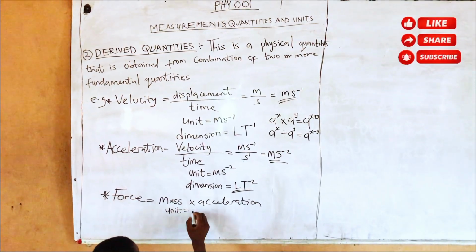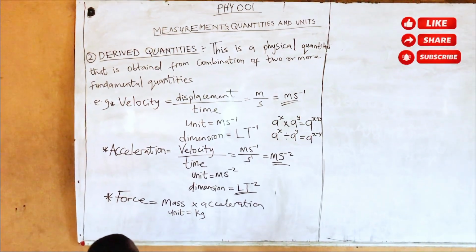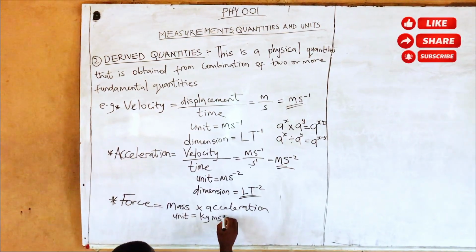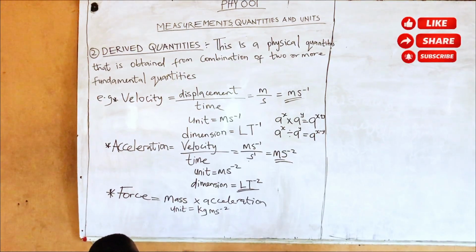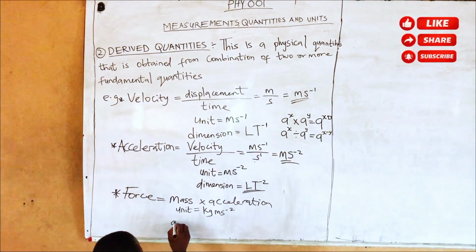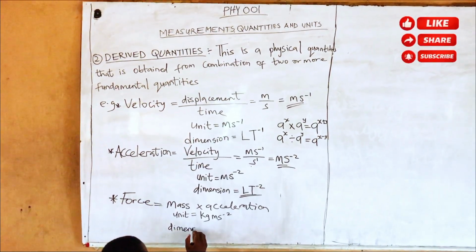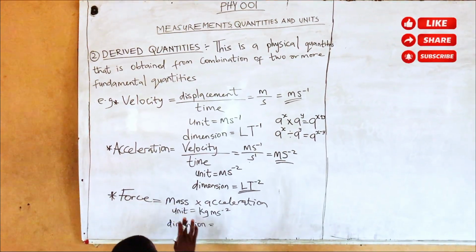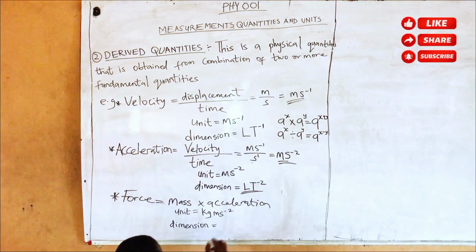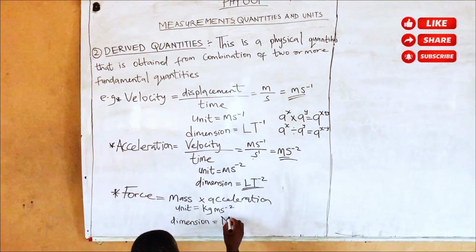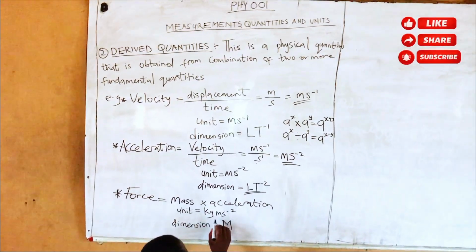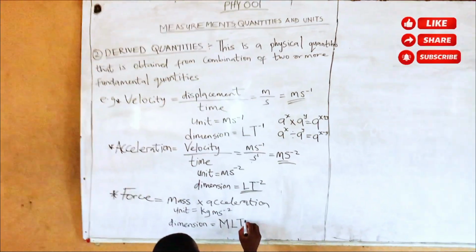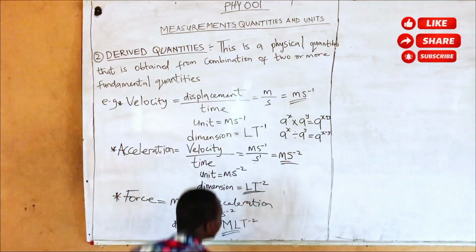Mass, and mass is kg, while acceleration is meter per second square, right? While the dimension will be, for mass, the unit is kg, while the dimension is capital letter M. And for this one, this is the dimension here, just put it here: T raised to the power minus 2.